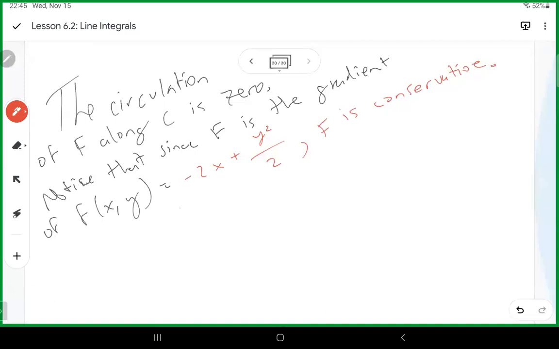We prove in a later section that under broad conditions, the circulation of a conservative vector field along a closed curve is 0.